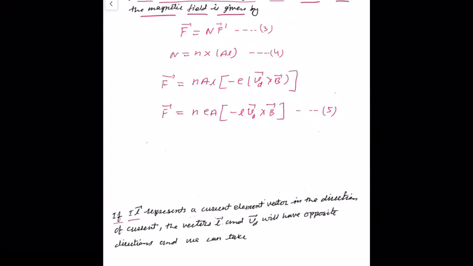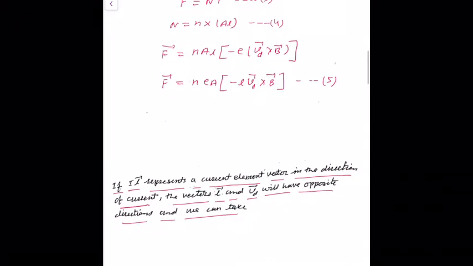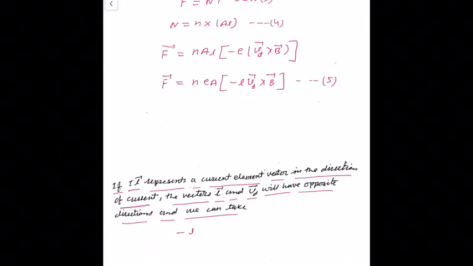If I L vector represents a current element vector in the direction of current, the vector L vector and Vd vector will have opposite directions, and we can take minus L Vd vector is equal to Vd into L vector.